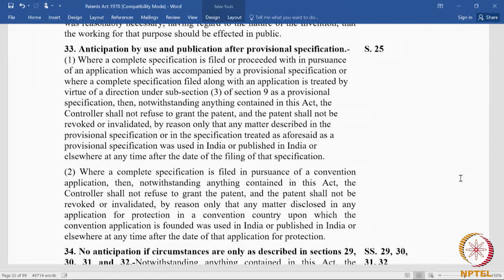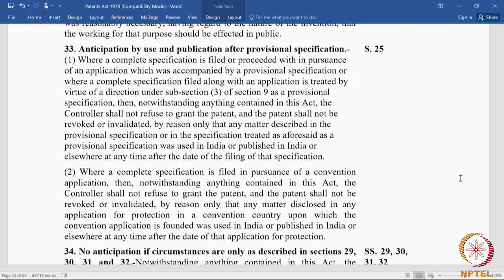So, you could file a specification in India, a provisional, and the next day you could disclose the invention in the United States or any part of the world, because preserving the priority by filing a provisional allows you to disclose the invention after the provisional is filed, and that disclosure cannot be used as anticipation for your complete specification.